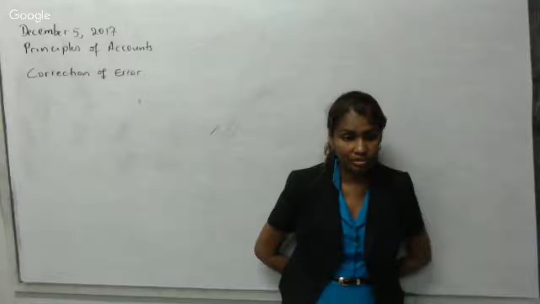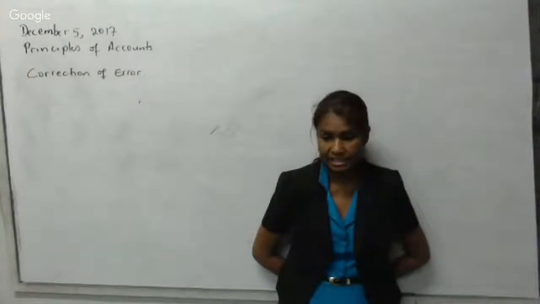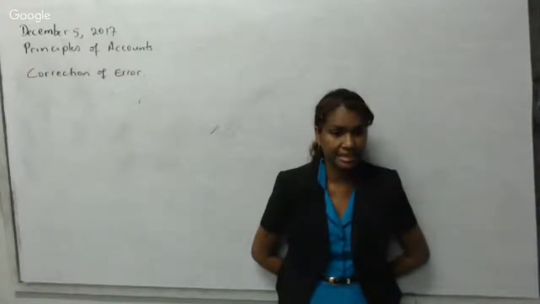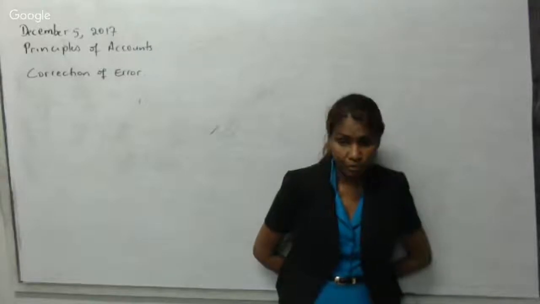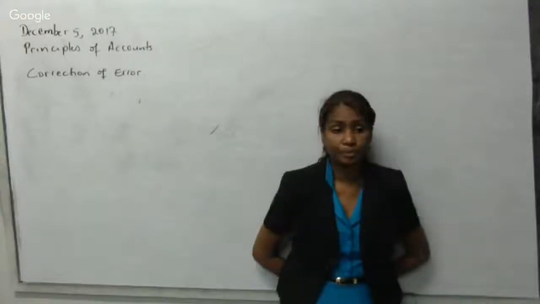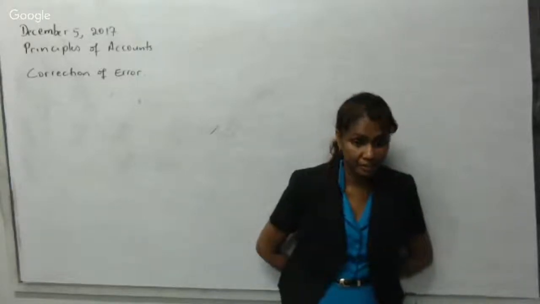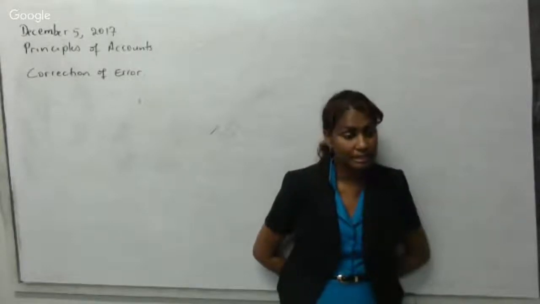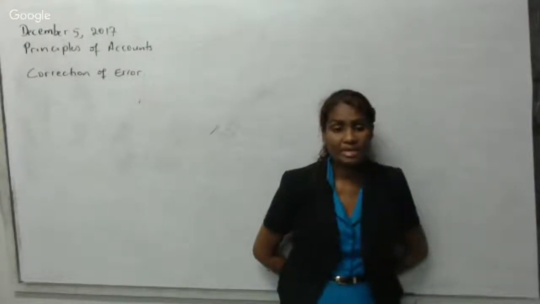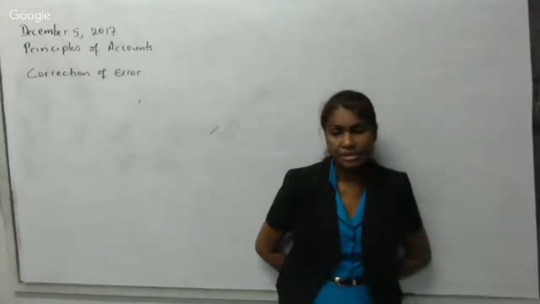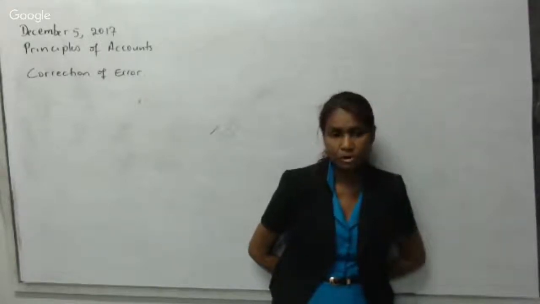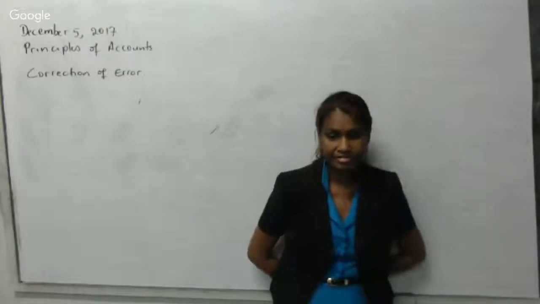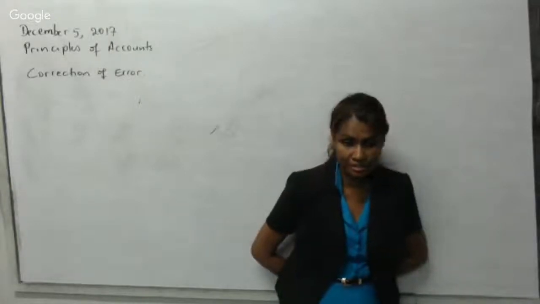So apart from recording fixed assets on credit and sale of fixed assets and return of fixed assets and those other things, the general journal is also used to make corrections for errors. Now, when we make an error in our accounting records, these errors must be corrected by following double entry procedures.